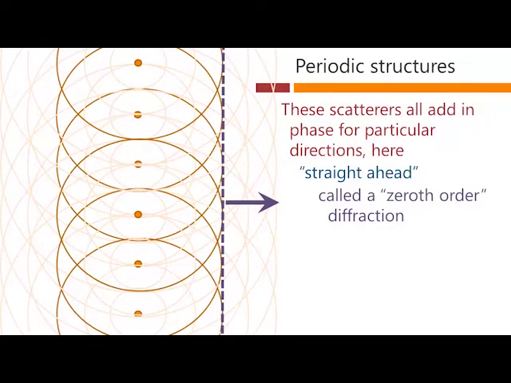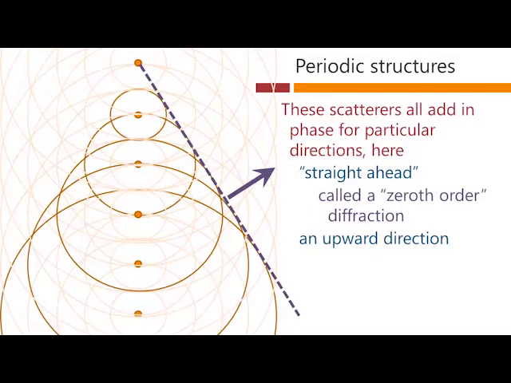This is sometimes called a zeroth order diffraction, and why it's called zeroth will become clear as we go forward. Another thing that you can see in this same diagram, if you look carefully, is that in this direction here, perpendicular to this line, we also get all of these sources contributing in phase.